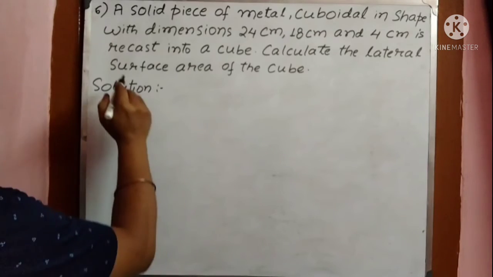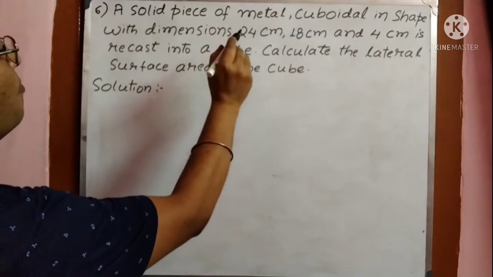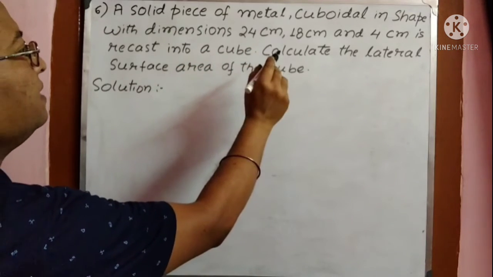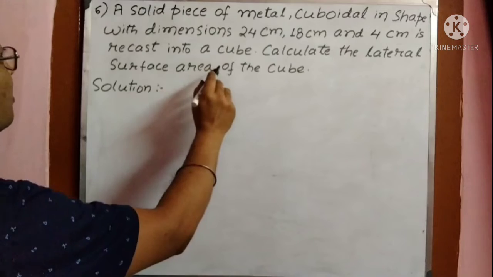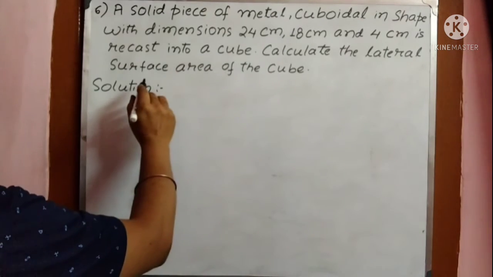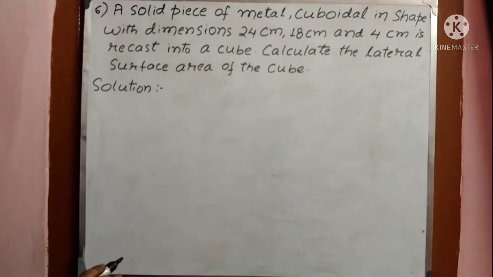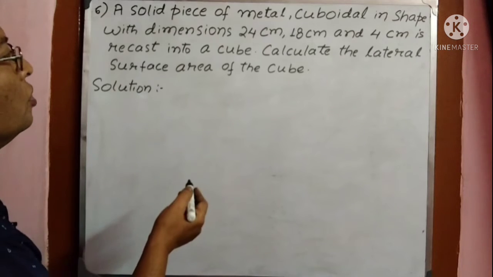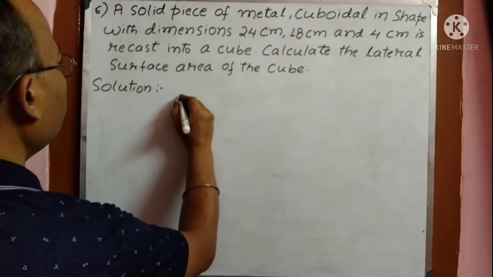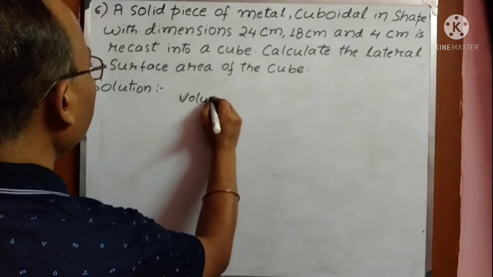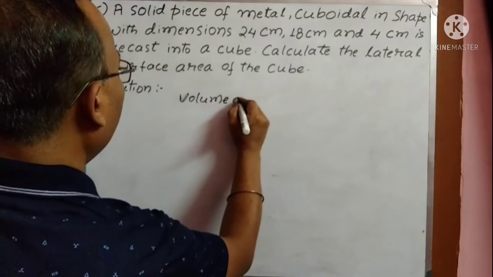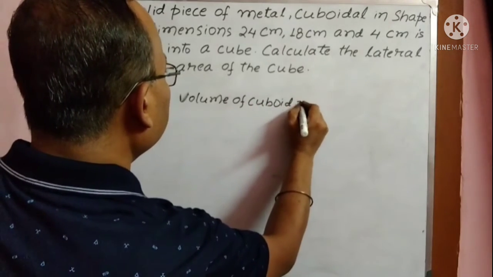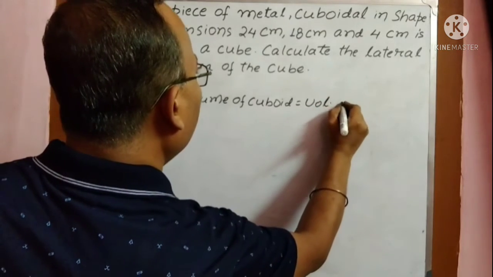Okay, the question says a solid piece of metal, cuboidal in shape with dimensions 24 centimeter, 18 centimeter and 4 centimeter, is recast into a cube. Calculate the lateral surface area of the cube. So it means the same cuboid is transferred into a cube. Okay. So that means volume of cuboid is equal to volume of cube.